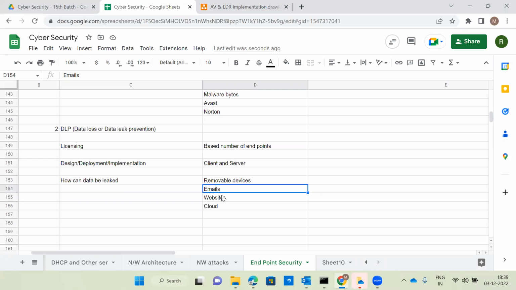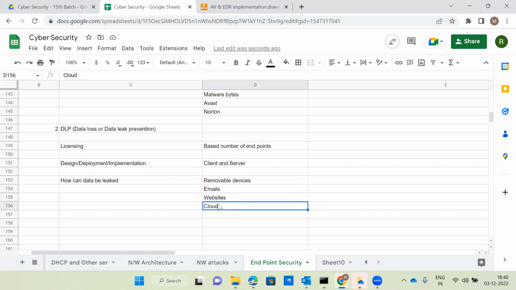Websites, as I said, is posting something on any other websites. Example, this morning we saw that I uploaded one of the files to virushotel.com. If that file has any critical or confidential data, obviously that is also a type of data leak, even though that file doesn't have any malware. So that is uploading or downloading or even posting something on any websites.